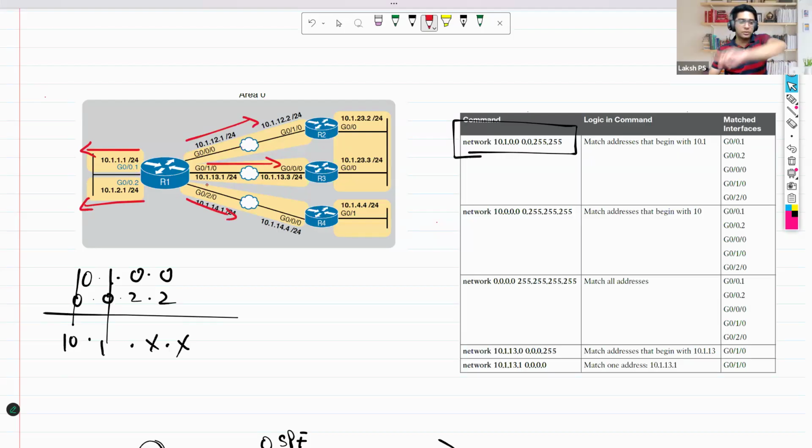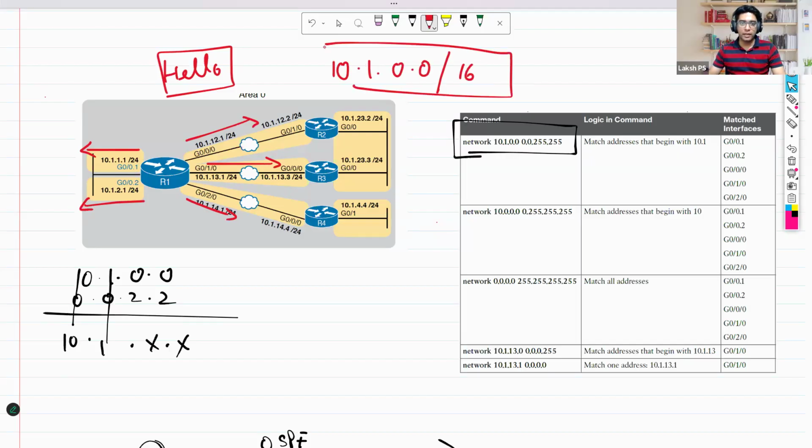Out of all these five interfaces, OSPF hello messages are sent, and out of these five interfaces, the 10.1.0.0/16 network is advertised. Why? Because this is 0 and 0, and with only two octets, we know that the address mask should be /16.